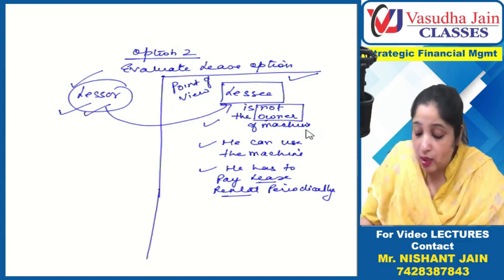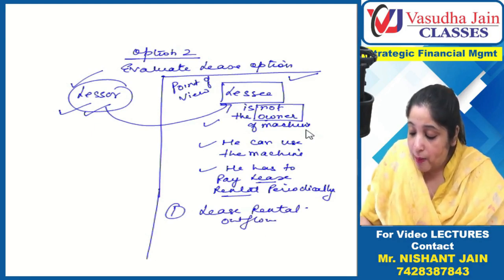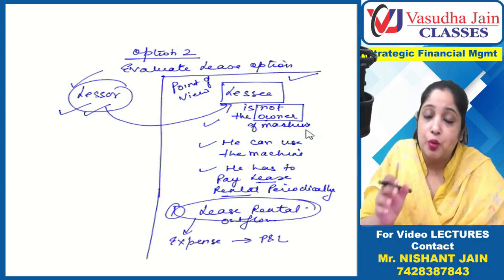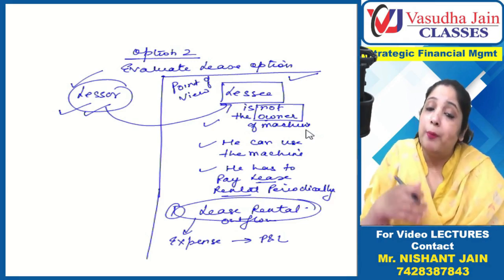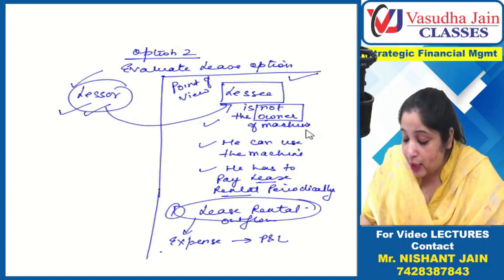The lessee's first outflow will be lease rentals or any down payment. This is going to be an outflow. But lease rentals are basically an expense which will be shown in profit and loss. And I have just told you, when an expense is shown in the profit and loss account, it is a beautiful thing because you save tax on it. And the tax shield has to be considered.